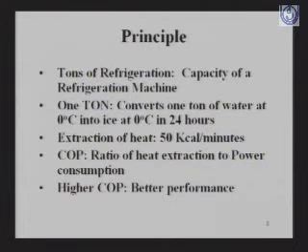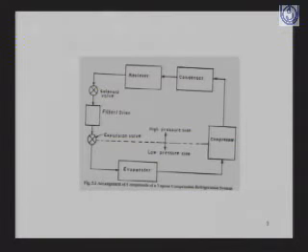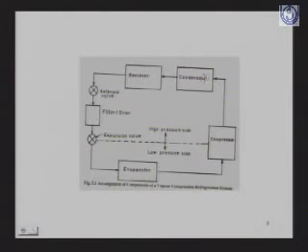You see the diagram. This is the compressor, where the vapors are compressed. Then they go out as high pressure and high temperature vapors. They are compressed, and then this is the condenser, where the vapors are transformed into the liquid.